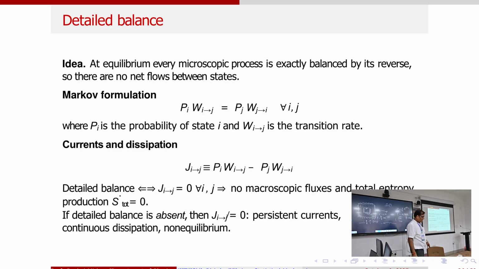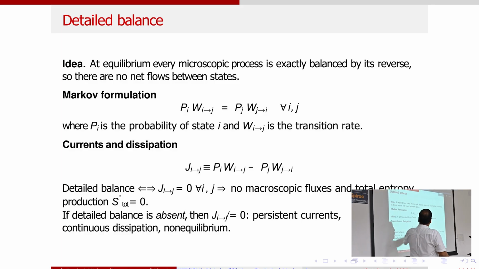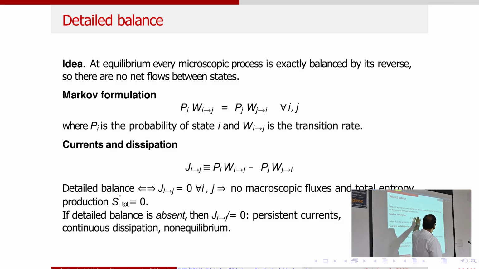And these are the detailed conditions for detailed balance. Here we are talking about P_i W_ij, where P_i is the probability of being in state i, and W_i to j is the transition rate. So the probability of the forward transition is equal to the probability of the backward transition, j to i.